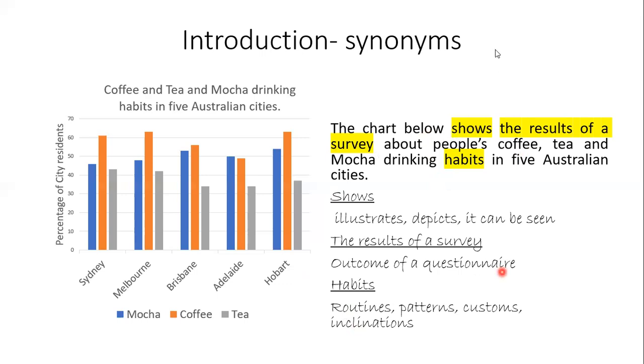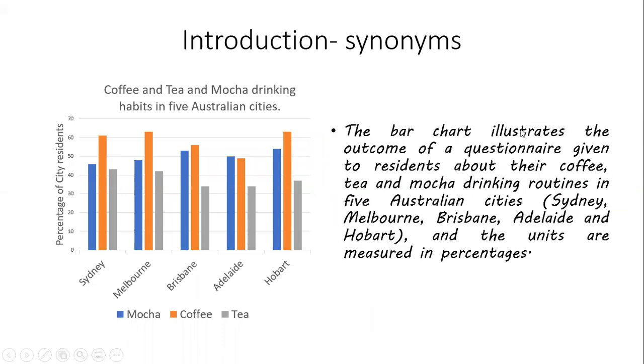Okay, so I'll just go on to the next slide. And this is what I came up with. Again, there are many ways of doing it. Not saying this is perfect. However, it certainly does the job. Okay, so the bar chart illustrates the outcome of a questionnaire given to residents about their coffee, tea and mocha drinking routines in 5 Australian cities.